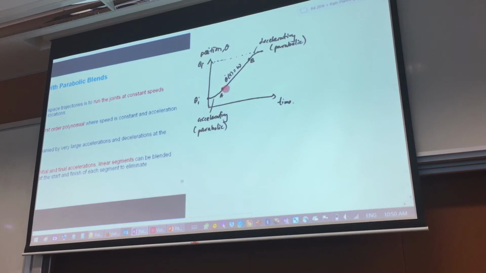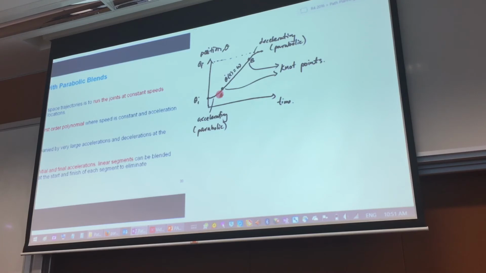So these 2 points over here, there's actually a special word for them. They are called knot points. Why are they so special? That's because they are the transition from your acceleration to a constant velocity point. And that point, if not done properly, can you imagine something that's accelerating and then goes into a constant velocity?